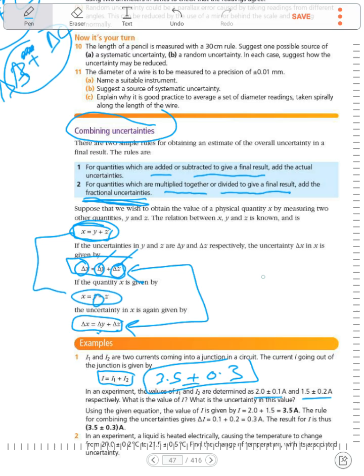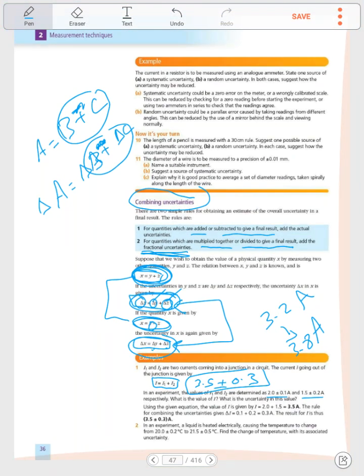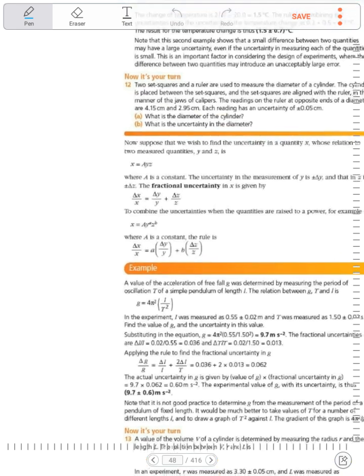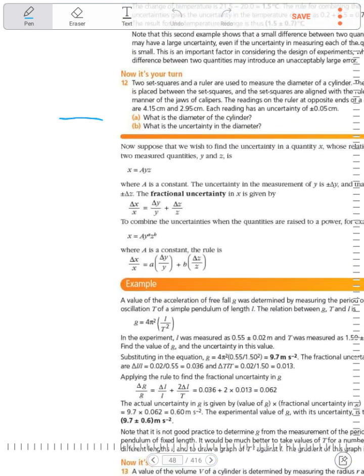So your value should be between 3.2 and 3.8 amperes. So the error is added up. This is used only if we have values which are added or subtracted from each other. What do I do if my values are multiplied?